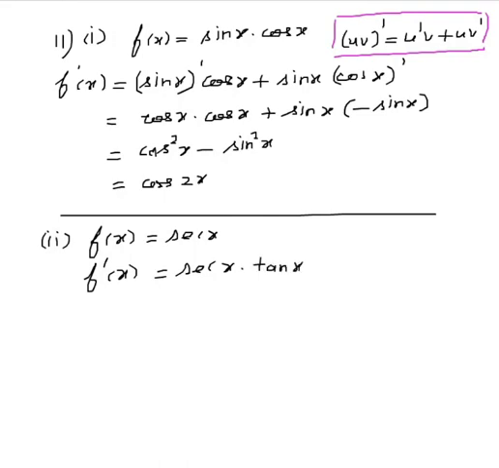Or you may write it as 1 by cos x and use quotient rule. We know the direct formula for all 6 trigonometric functions. So the derivative is secant x into tan x. Third subdivision, f of x is 5 secant x plus 4 cos x.